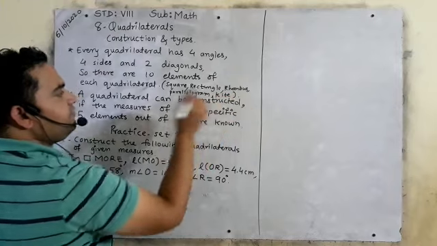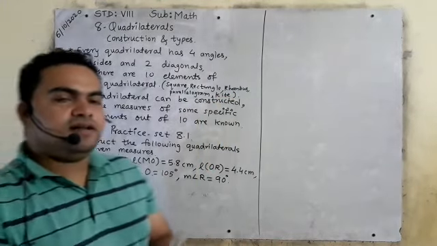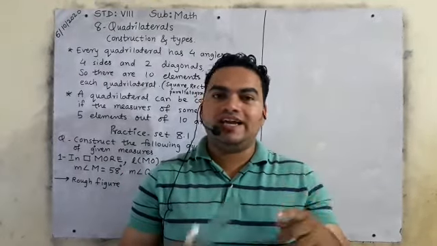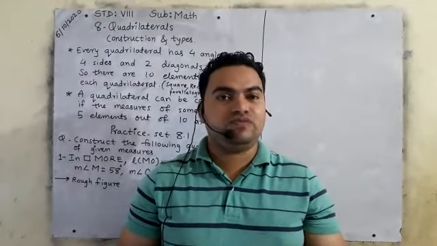Yes, so all these are quadrilaterals. So what is quadrilateral in short? A closed figure having 4 angles, 4 sides and 2 diagonals. Total 10 elements will be there.